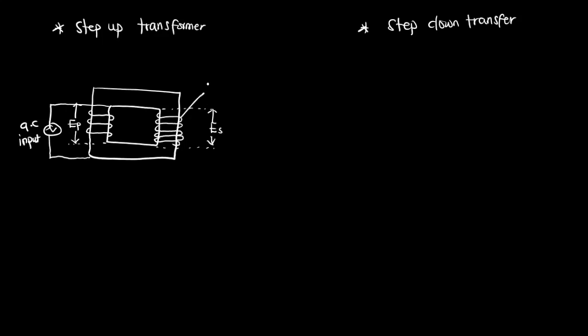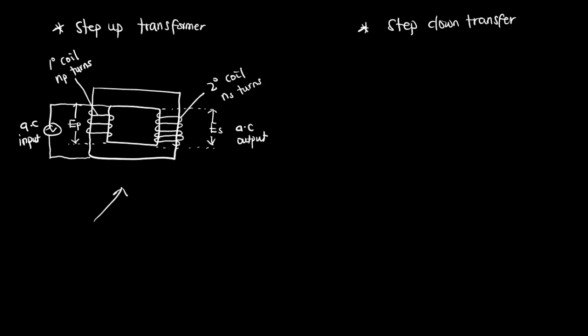Then we say this coil is our secondary coil, which has NS turns, and this part is our primary coil, which has NP turns. And this is our AC output, where our output is going to be. So this is what we are calling a step up transformer.